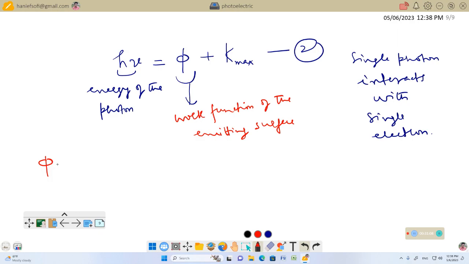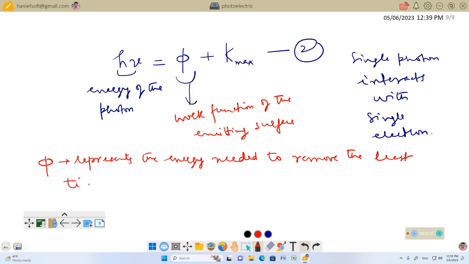This phi, which is work function of the emitting surface, represents the energy needed to remove the least tightly bound electrons from the surface.